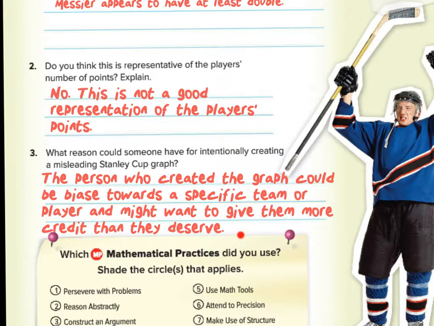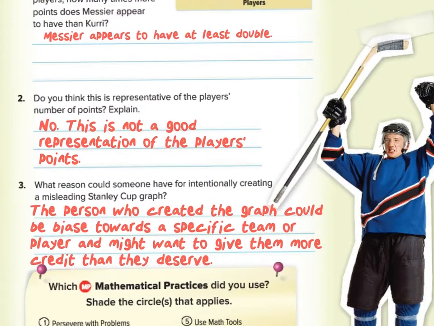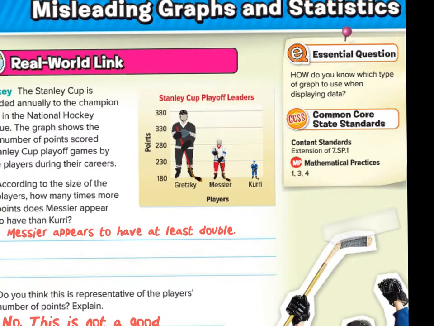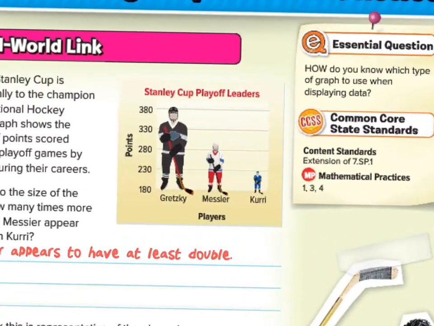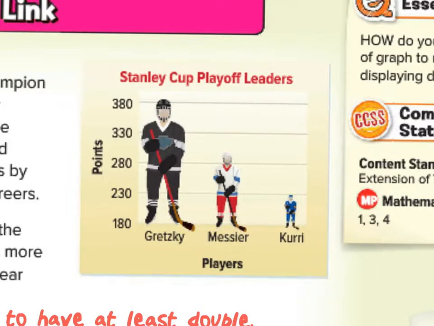My friend Lyndon says that maybe if people were using this graph to make bets on a team or on a specific player scoring in a playoff, they might show you this graph to mislead the betting, where they would think that Curry is only half as good as Messier and Messier is only half as good as Gretzky, when in reality there's only a 70-point difference here, and here we see only about an 80-point difference or so.